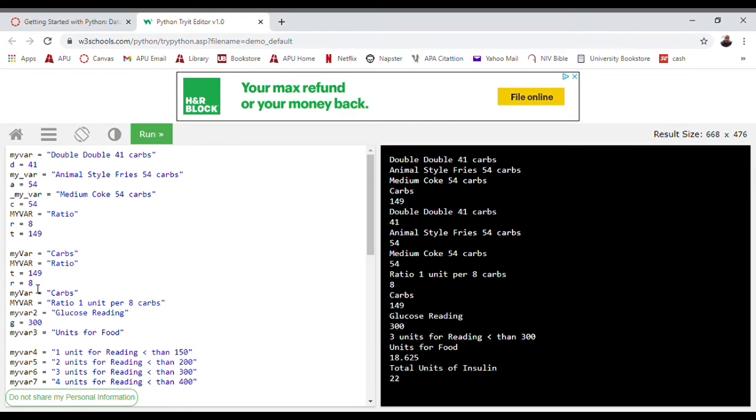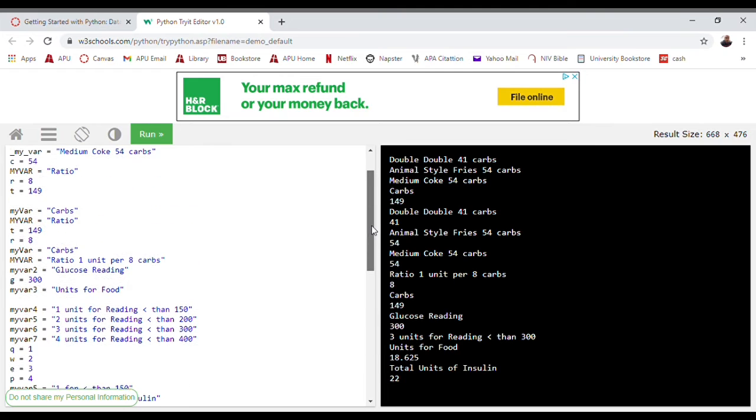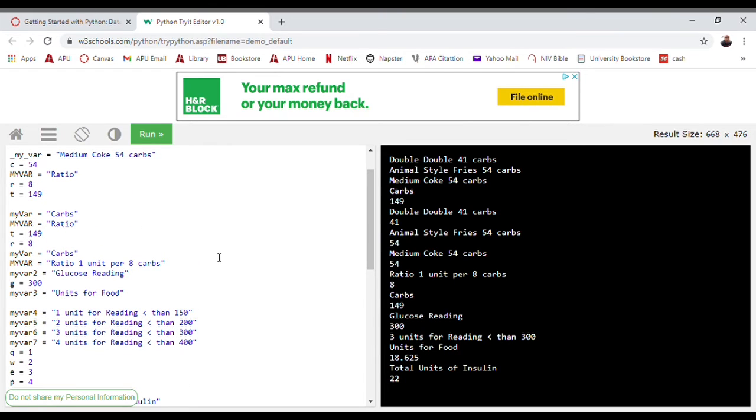Again, we come now to the dividing part and everything. So we already have this added down here. We're going to have D plus A plus C, which is right here for your double, animal style fries and Coke. So that total came up right here.